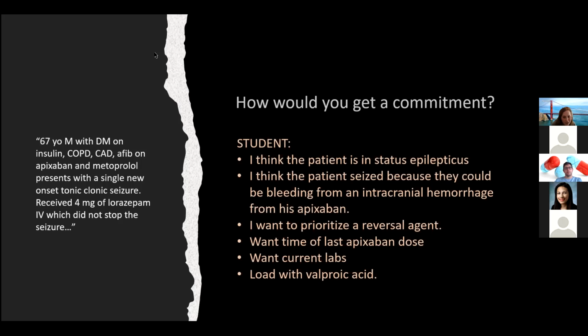And I want to prioritize the reversal agent. And I want to know the labs. And here's the medication I want, it's valproic acid. So just going with that, and then taking that into the next part, how would you probe for supporting evidence when your student says any of those things?